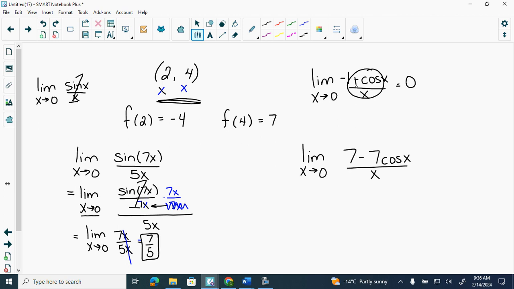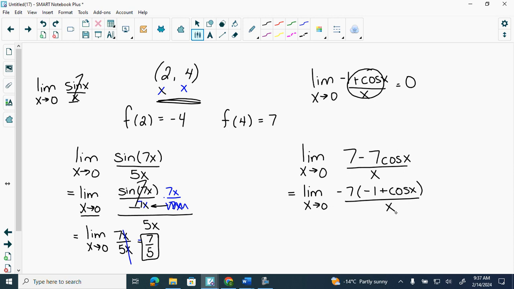What do I have to do? I have to take out a what? Not a 7, a negative 7. So I'm left with negative 1 plus cos x over x.